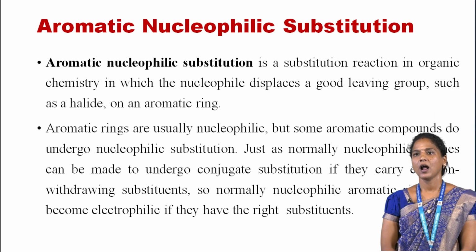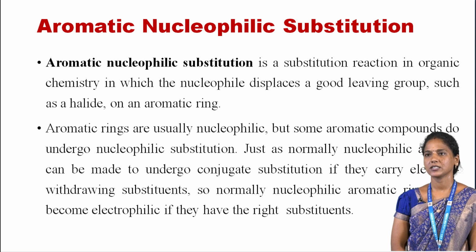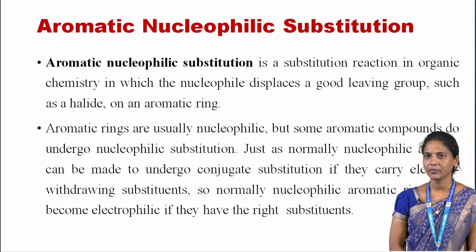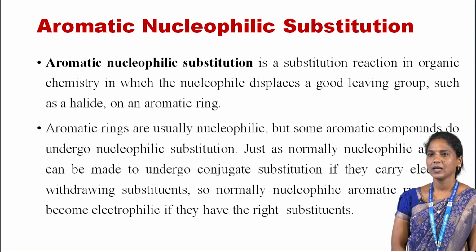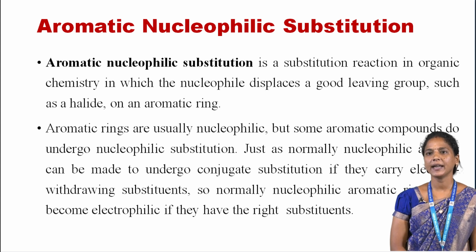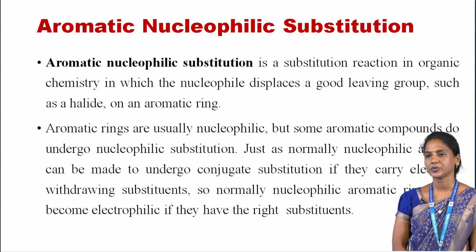Next, we are going to look at aromatic nucleophilic substitution. This is a substitution reaction in organic chemistry in which a nucleophile displaces a good leaving group such as a halide on an aromatic ring. Aromatic rings are usually nucleophilic, but some aromatic compounds do undergo nucleophilic substitution.